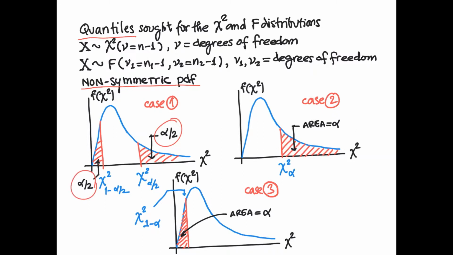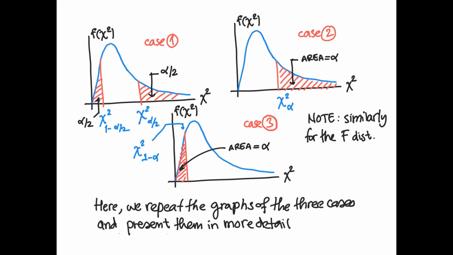And these two distributions, chi-square and F, are defined only on the positive side of the x-axis. And so this is the case for when we split the area. This is the case for the area to the right, and this will be the case of the area to the left. It's in here, and we proceed to discuss them in detail.